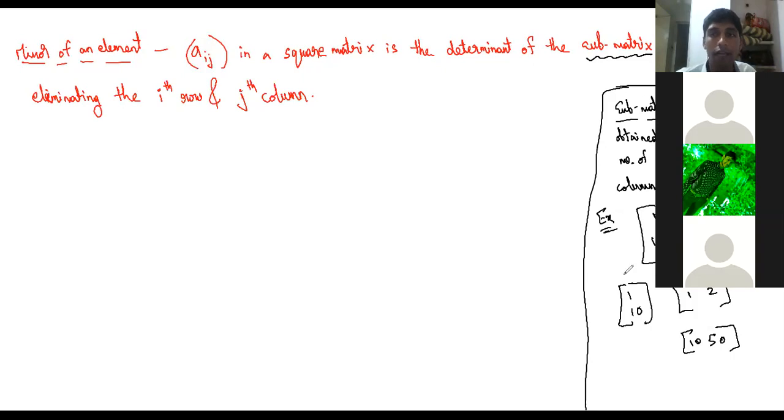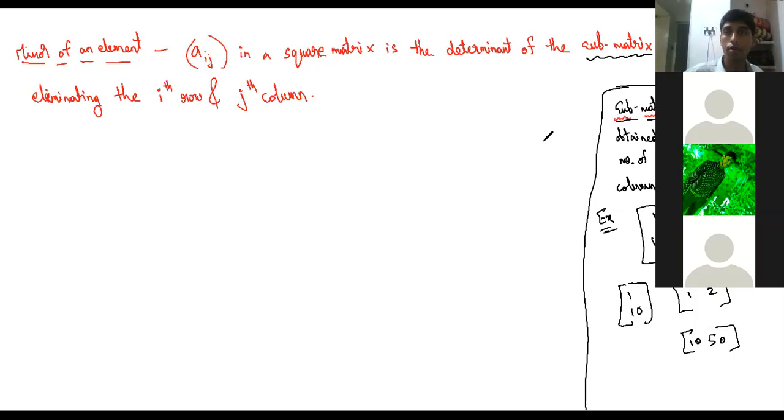Basically you have to eliminate a row or a column properly. Here you cannot eliminate 2 rows or 2 columns, but in a bigger matrix you can eliminate 2 rows, 2 columns also. We'll come back to the definition of submatrix when we talk about rank of a matrix.